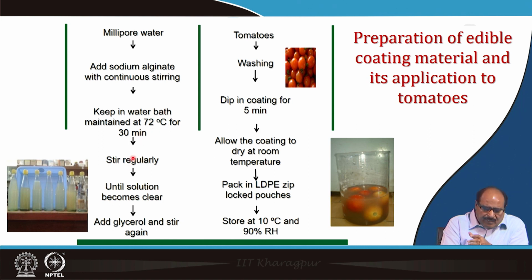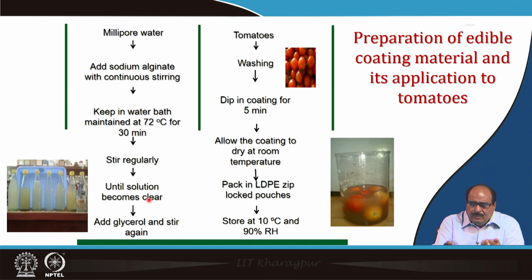Stir it regularly until the solution becomes crystal clear, meaning the sodium alginate is fully dissolved in water. Then add glycerol into it and stir it again. This is a formulation developed in my laboratory, and some other ingredients are also added. So you get a clear, homogeneous edible coating emulsion, a thin emulsion form.